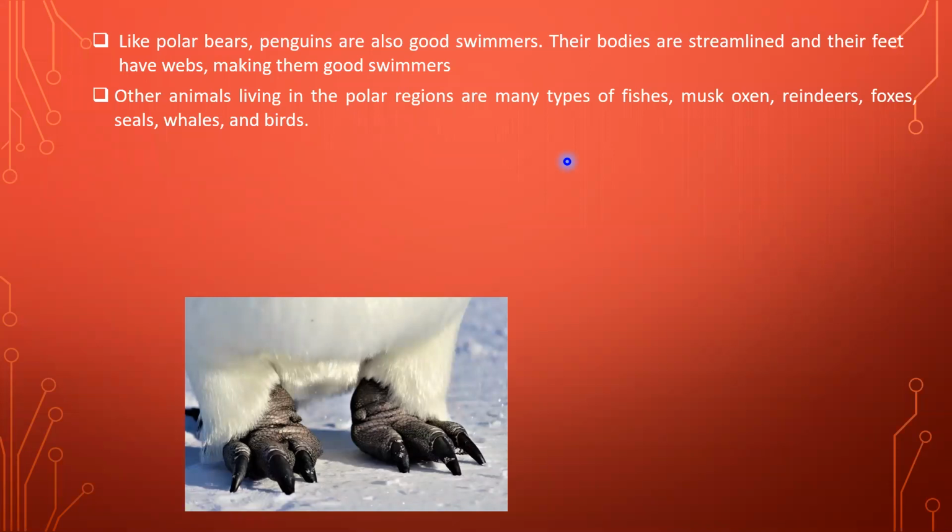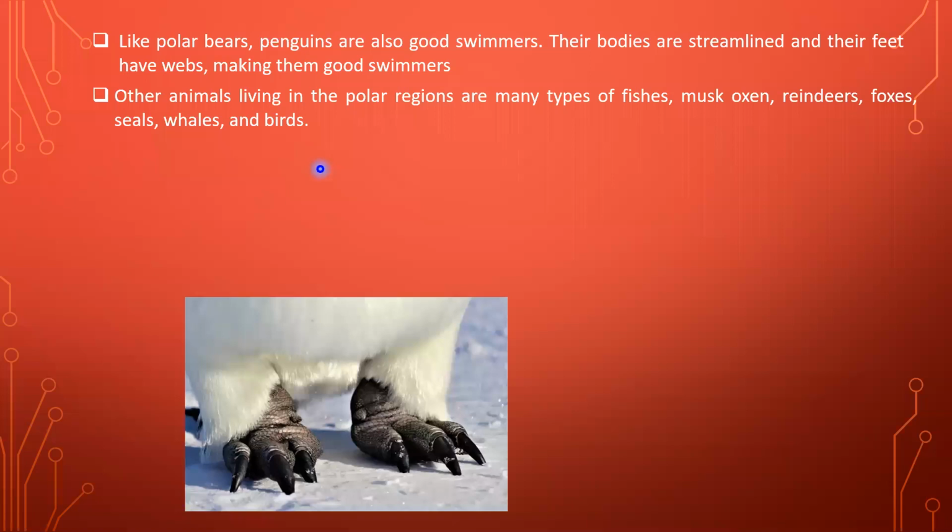If we consider the polar region, most of the time we are going to observe the polar bears and the penguins there. Now, along with polar bears and penguins, there are some other animals also present in those particular polar regions.